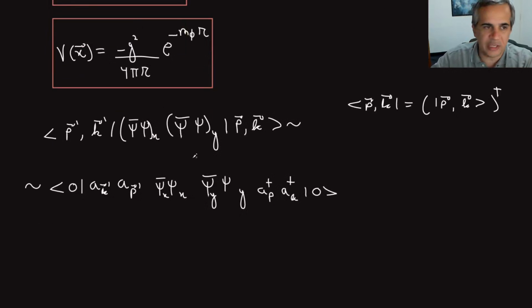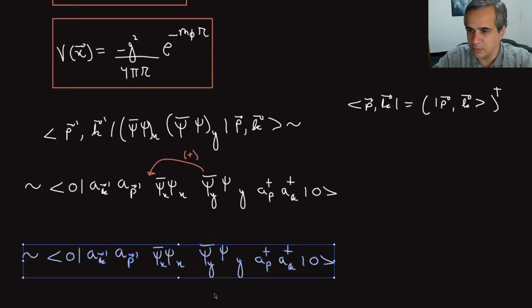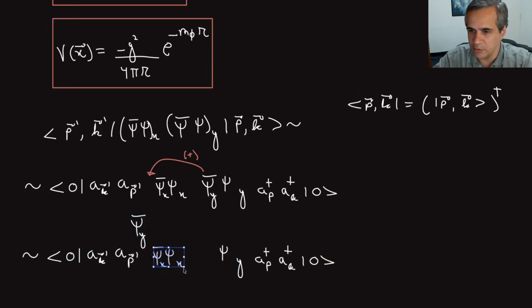Now, what contractions do I need to make here? Well, it helps to first bring this guy over here, and that's 2 commutations, so it's a total sign plus. And then I contract this with this guy over here.